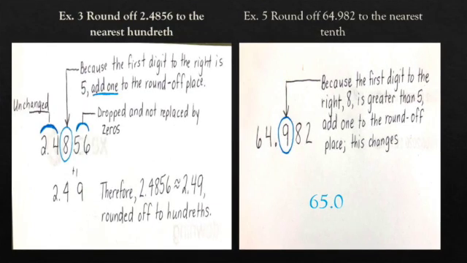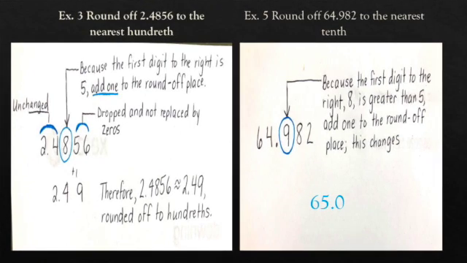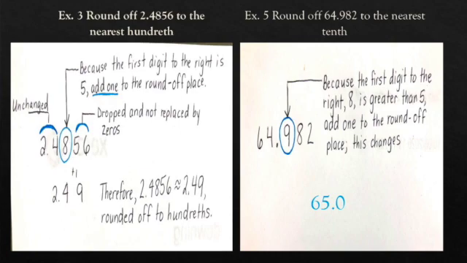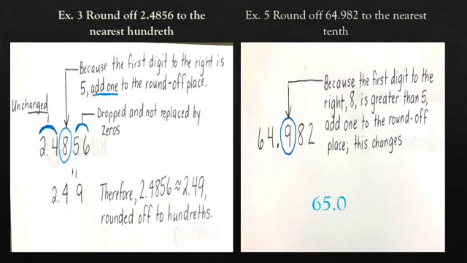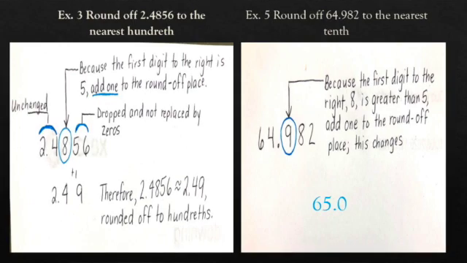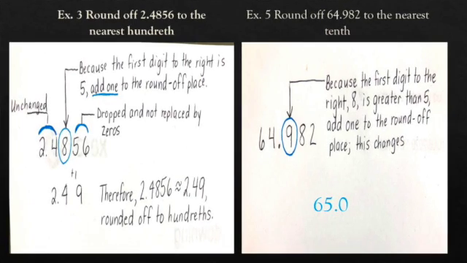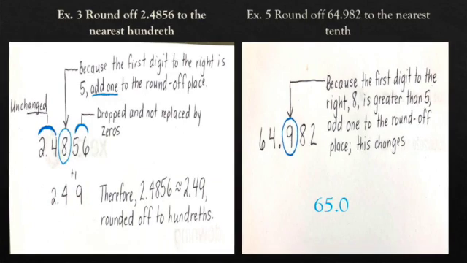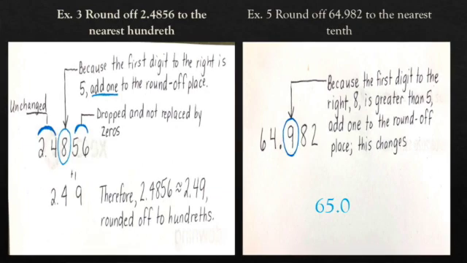So you know that numbers that are 5 or above, that number will increase by 1. So this number is going to become 2.49, and the 5 and the 6 are going to be dropped because they are numbers past the decimal. Okay, so your answer would be 2.49.